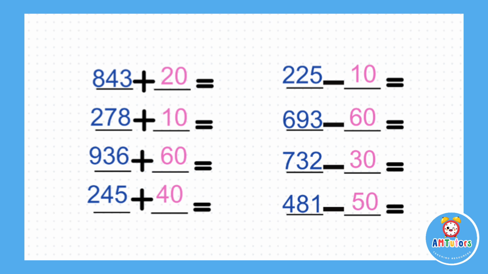Right, moving on to subtraction. 225, subtract 10 will give you 215. 693, take away 60 will give you 633.